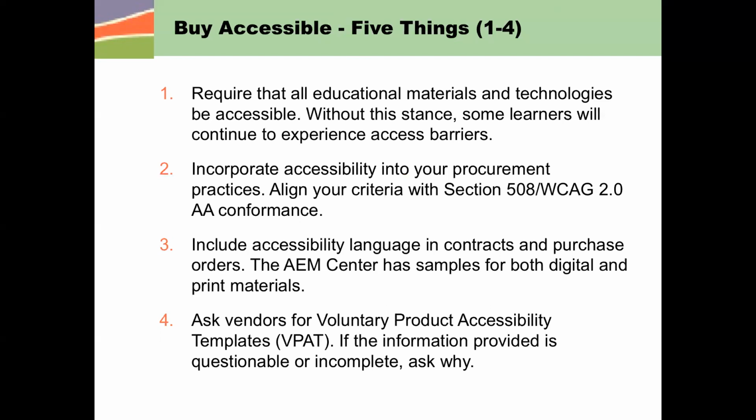What are 5 things that you can do to make sure that what is selected, what ultimately is purchased, is going to be accessible? These 5 things may be a little bit misleading in terms of coming across as simpler than they probably are in practice, but these are really important things that you can have available to you as you go about the process.